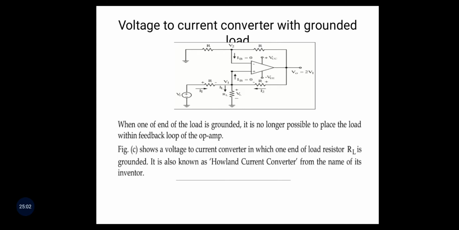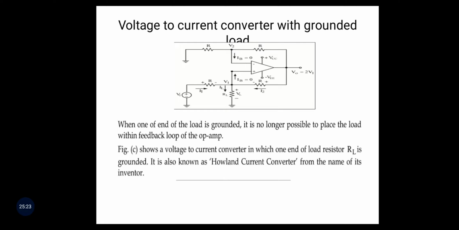Next we are discussing the voltage to current converter with the grounded load. Here the input voltage is Vi.